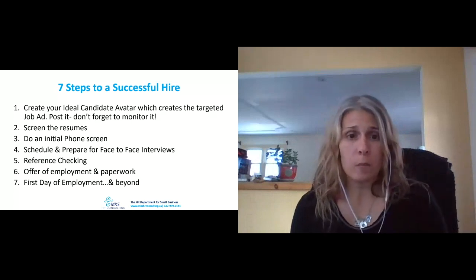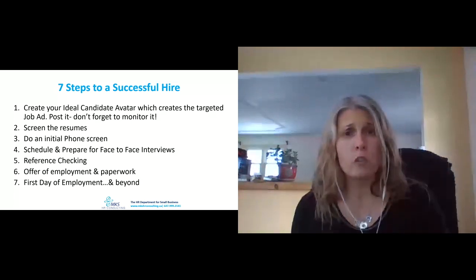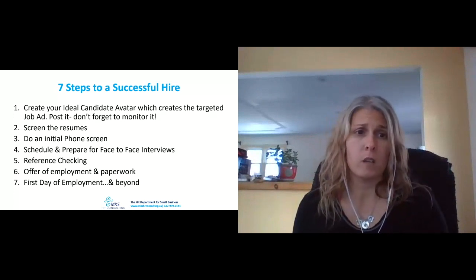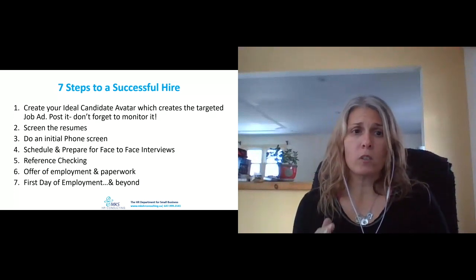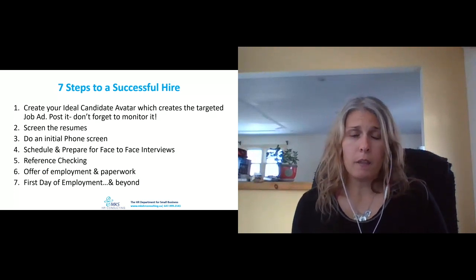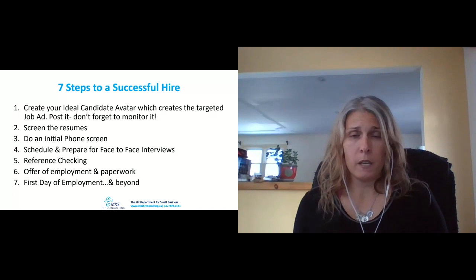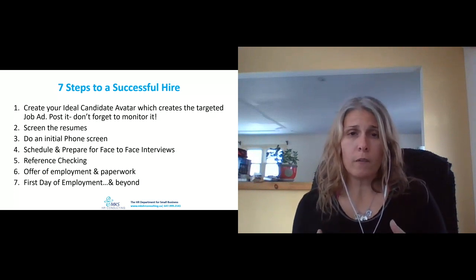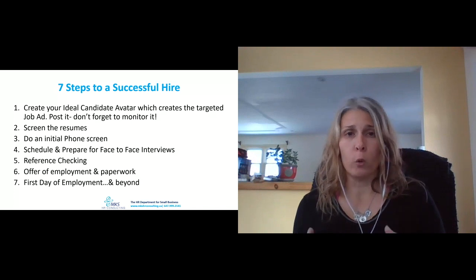So these 7 steps that you're seeing, these are the same 7 steps that I use when I hire employees for my clients. So the first step is creating that ideal candidate avatar. And this ideal candidate avatar is going to create your targeted job ad. Once you have the targeted job ad, you're going to post it.